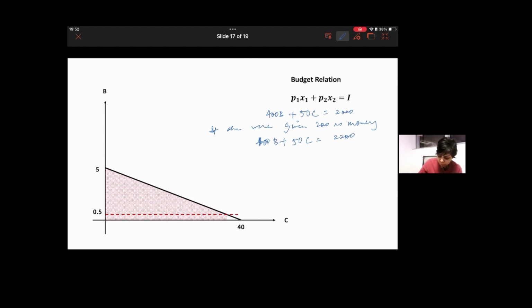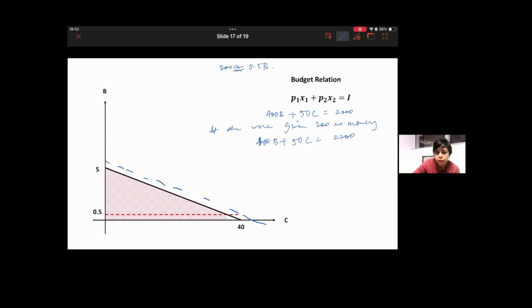She can spend on anything she wants, and then your budget line would increase to something like that. That is not what is happening. What she is getting is that 200 rupees is 0.5B. So this is equal to 0.5B.